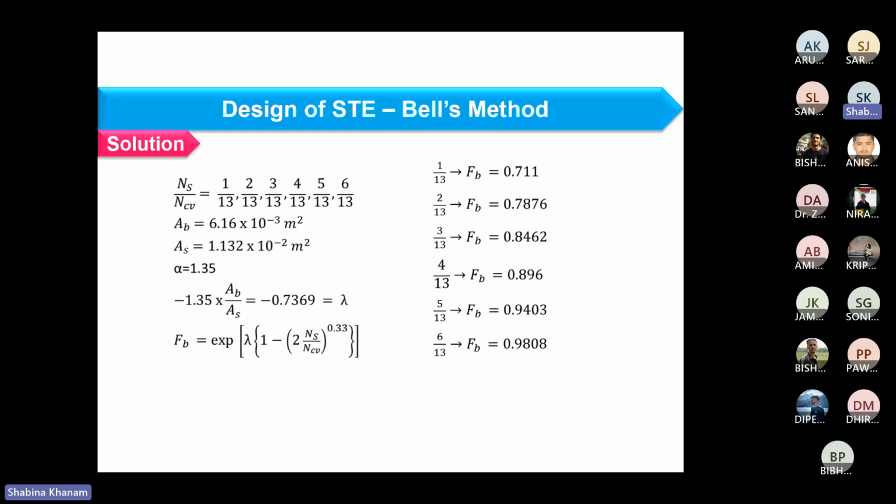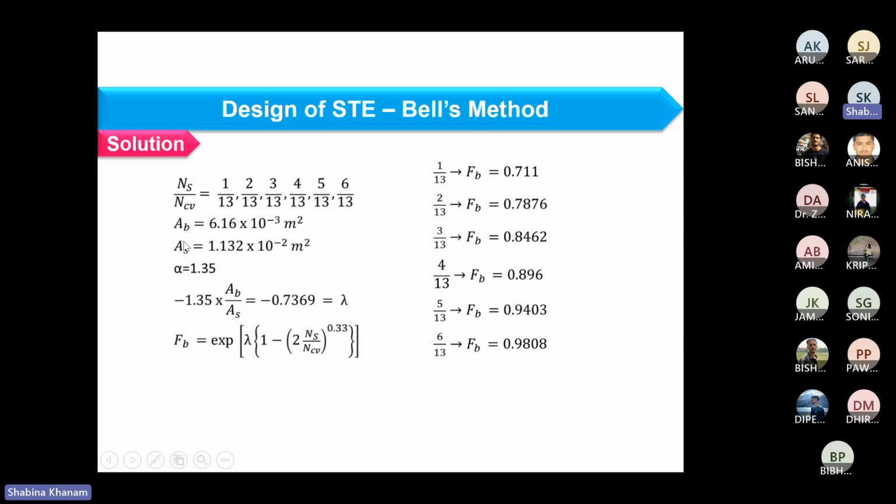So what you have to do now is, NS equal to 6 is the maximum number. But how many sealing strips will work for you? You need to decide that by putting NS by NCV with variations like 1 by 13, 2 by 13, like that up to 6 by 13, because NS more than 6 you cannot use.